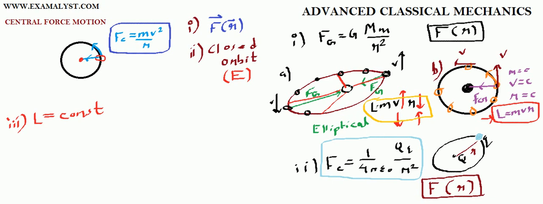But the question is, why is the angular momentum conserved in a central force? What is so special about central force that the angular momentum is constant? Before understanding that, let us do the mathematics. We know that angular momentum is the radial distance r cross the linear momentum p.